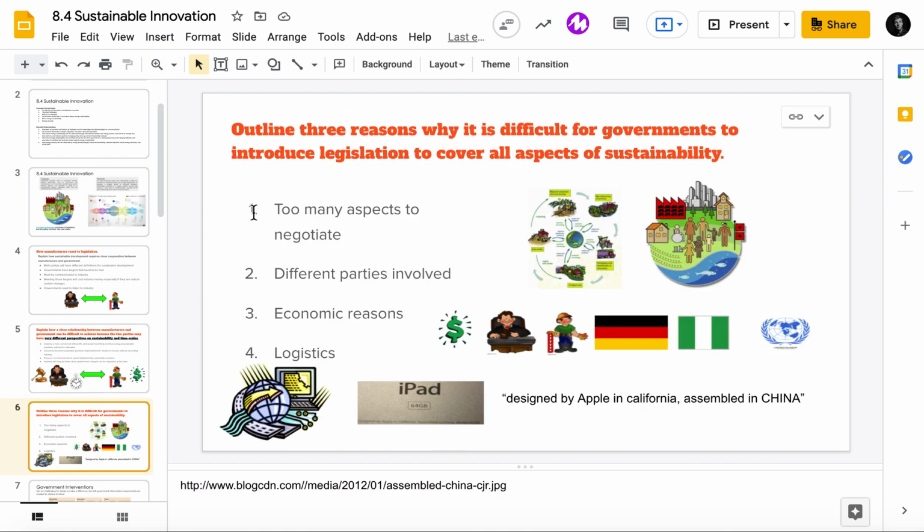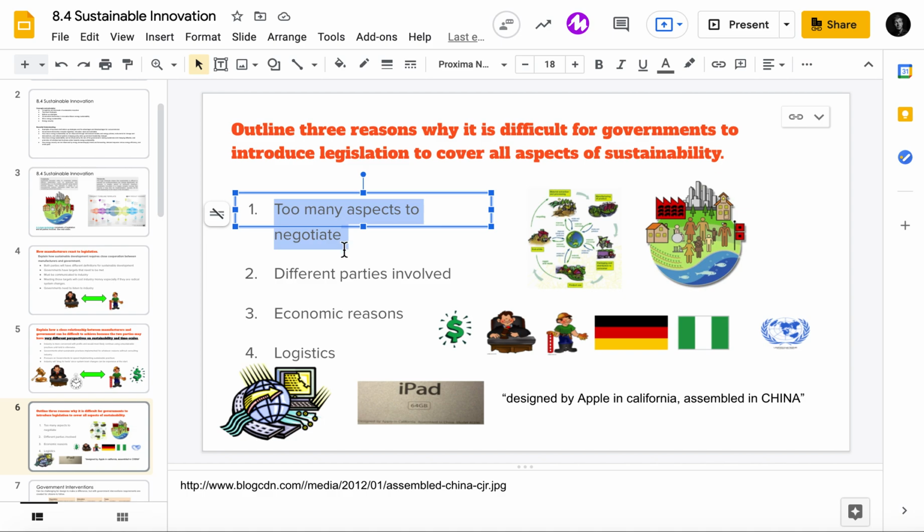A couple of things, the reasons why it's difficult. Here are some points, specific reasons. One, it's really complex again. It's really difficult to negotiate all of those different things, which means it's hard to get stuff done and have things accomplished. Because there are so many moving pieces, it's really difficult for them to agree on priorities and what goes first.